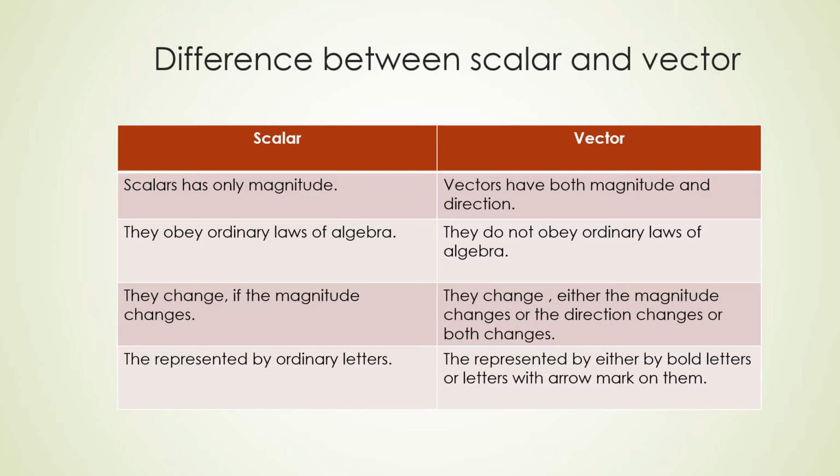Scalar quantities obey ordinary laws of algebra, but vector quantities do not. Scalar quantities change if the magnitude changes, but vector quantities change if either the magnitude changes or the direction changes or both change. Scalar quantities are represented by ordinary letters, whereas vector quantities are represented either by bold letters or by letters with an arrow mark on them.